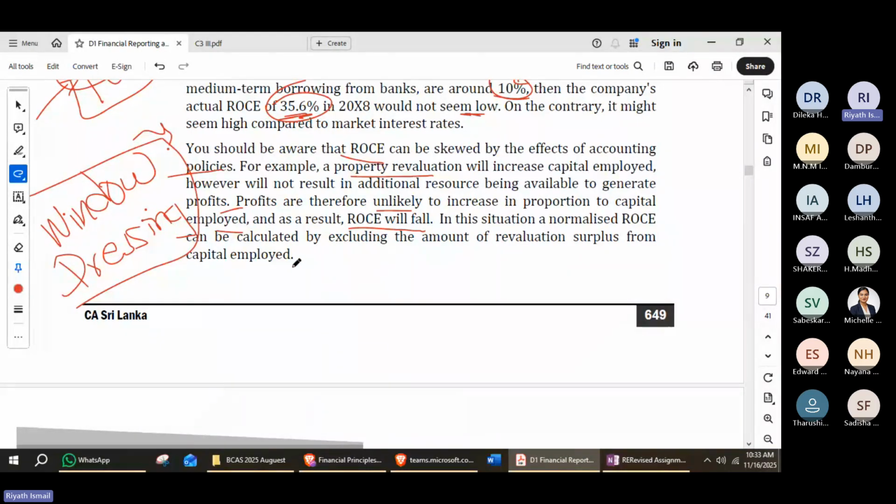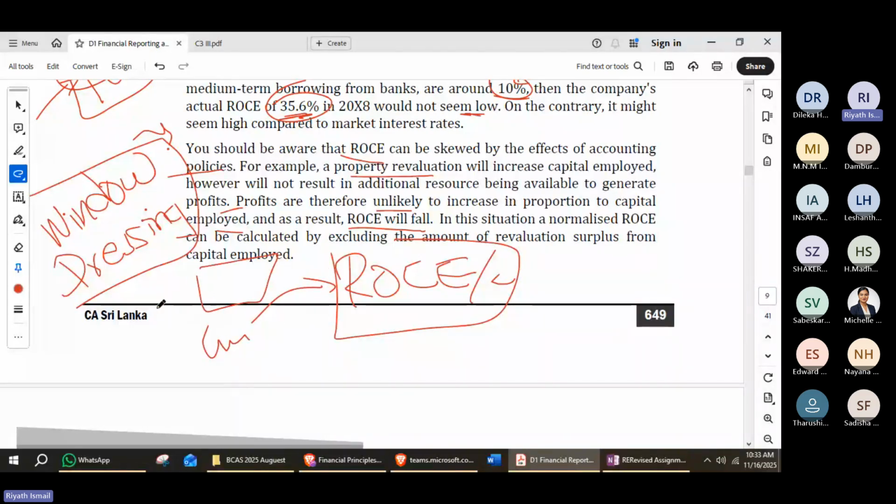In this situation, normalize the ROCE calculation. When you are talking about return on capital employed and other profit ratios, you should consider how the company generated profit. By normal operations, by producing and selling, or by selling assets like land and machines, which are not operations.